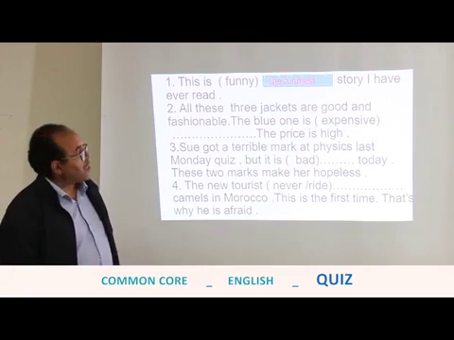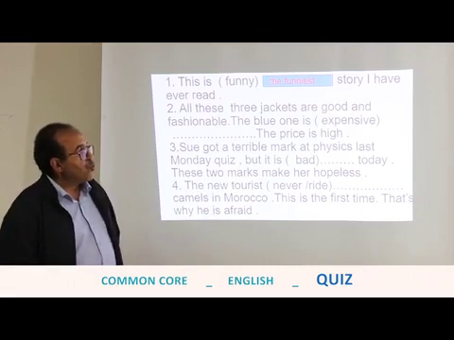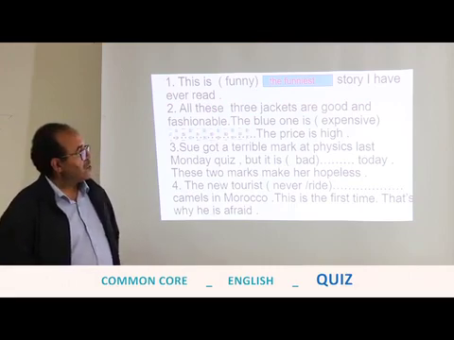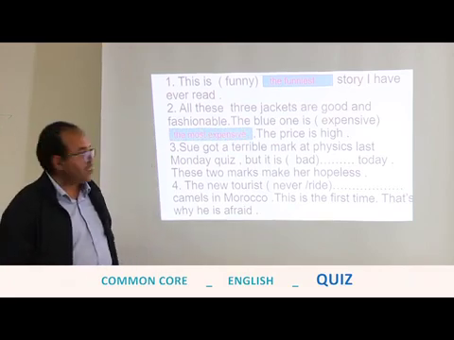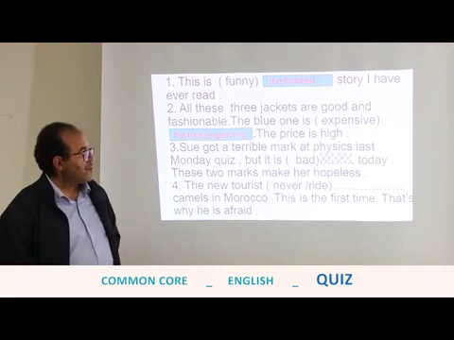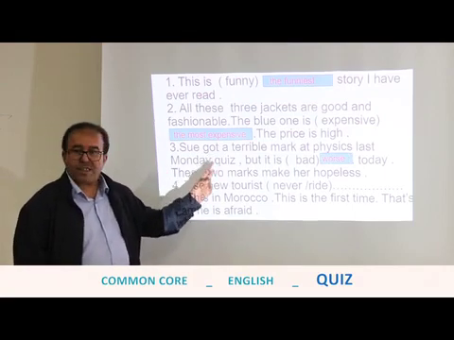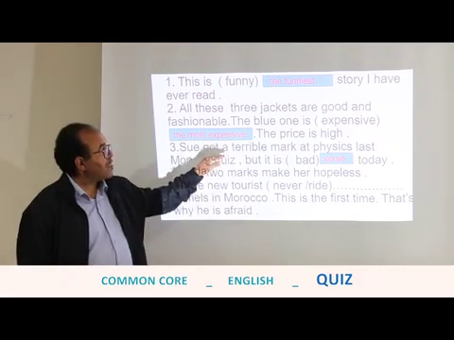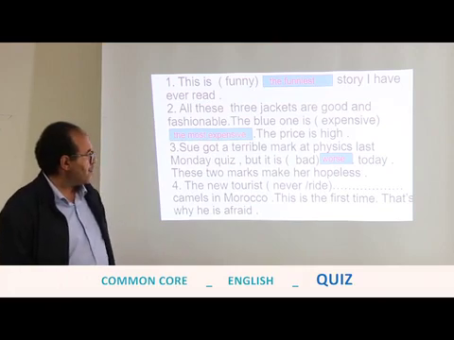All these three jackets are good and fashionable. The blue one, the price is high, so it is the most expensive. How many quizzes? 2 quizzes, 2 marks, comparative. This one superlative, and this one is superlative.